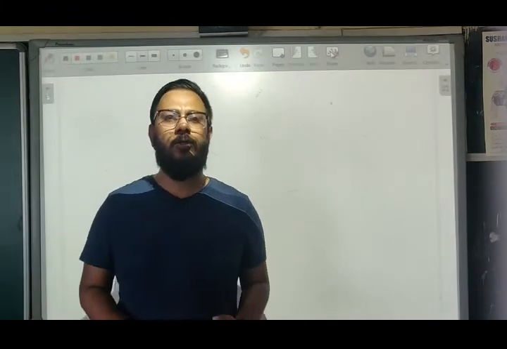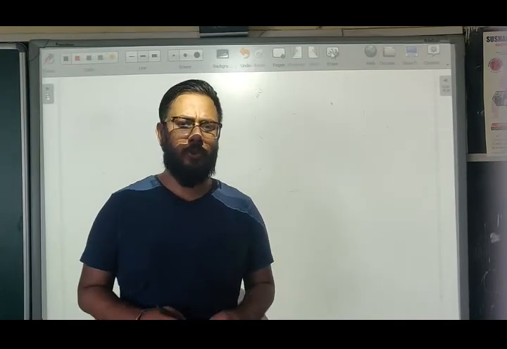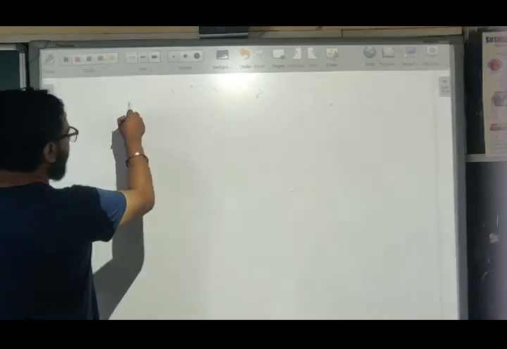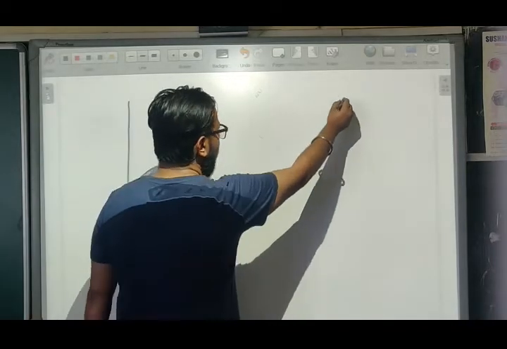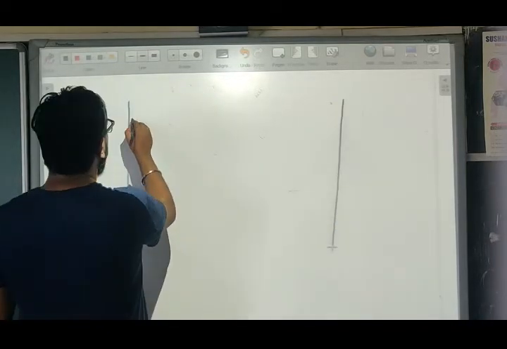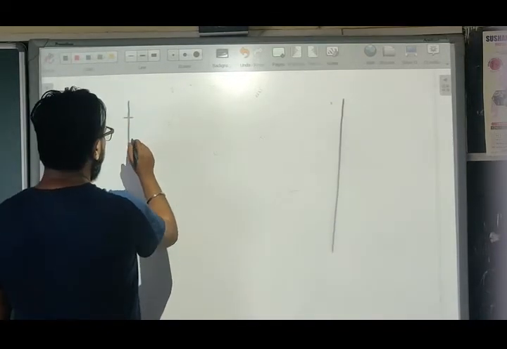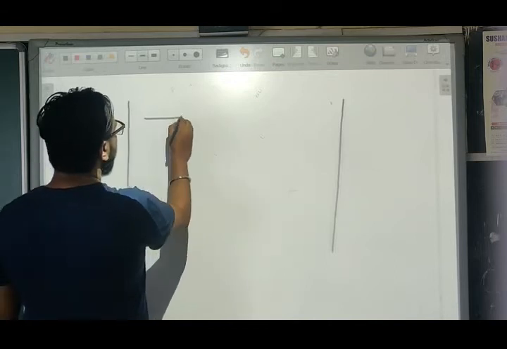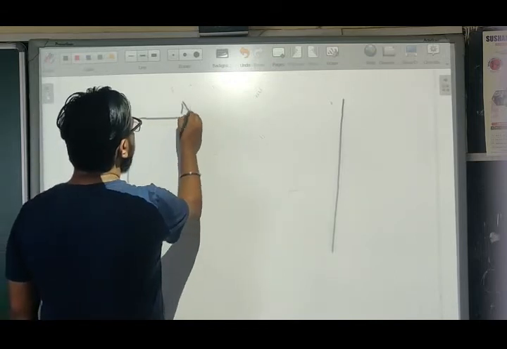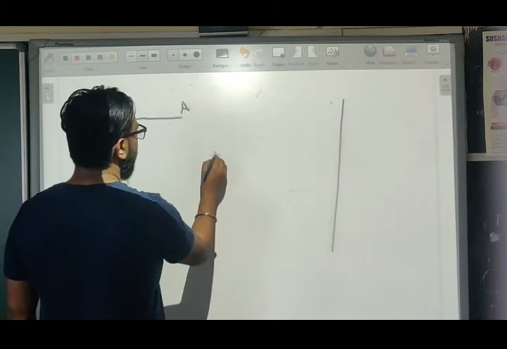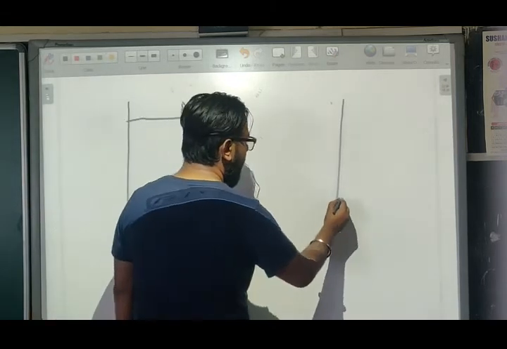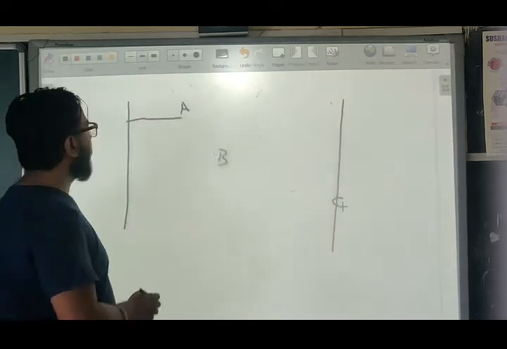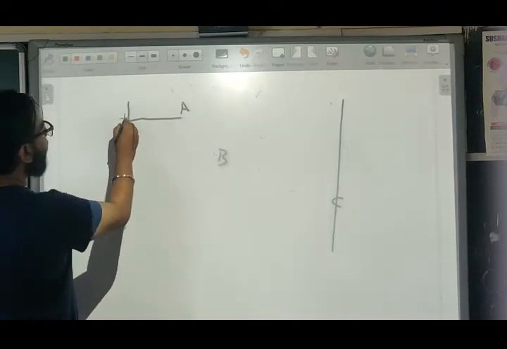Now let's look at uniform and non-uniform motion. Imagine there's a starting point and an ending point, and there are three bodies: A, B, and C. They all started from this point.